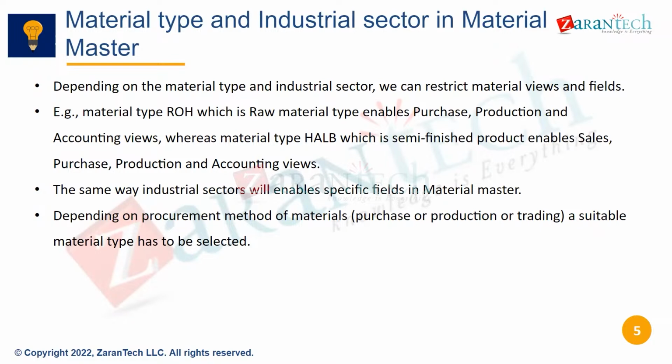There are 14 to 15 standard SAP material types. The three major ones are raw material, semi-finished good, and finished good, and the fourth one is HAWA, which is the trading goods. If you are into trading, where you simply purchase from X and sell it to Y, there will be no manufacturing views, which is the work scheduling.